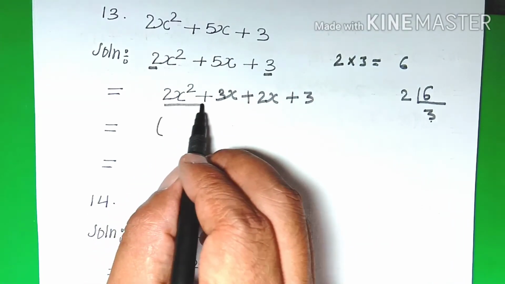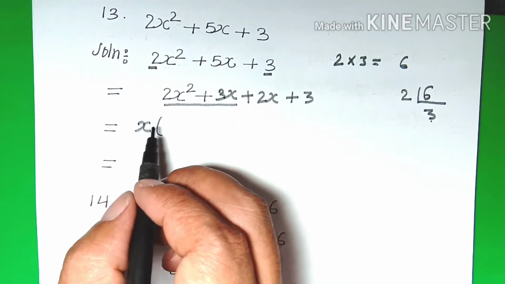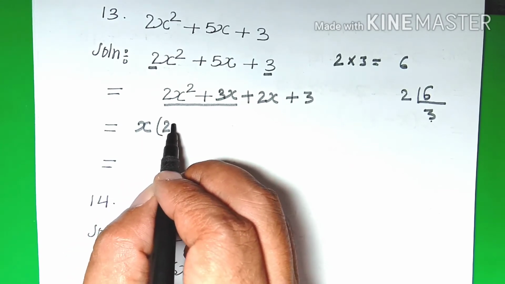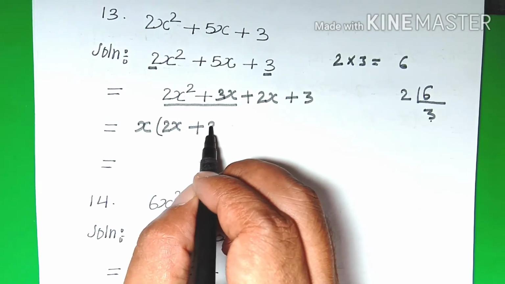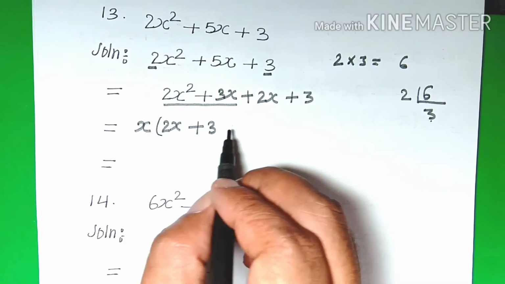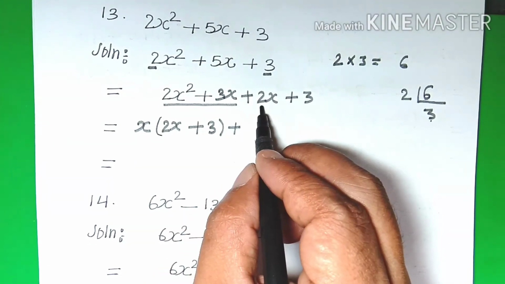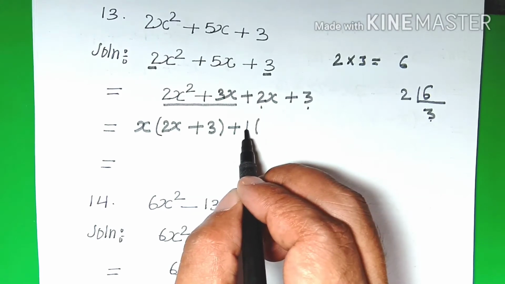Now from the first two terms we can see x is common. Then after taking x common, 2 will be left out, one more x will be there, again plus, 3 will be left out, x already taken as the common factor. Now plus sign, so 2 and 3 is divisible by 1. That means the highest common factor is 1.